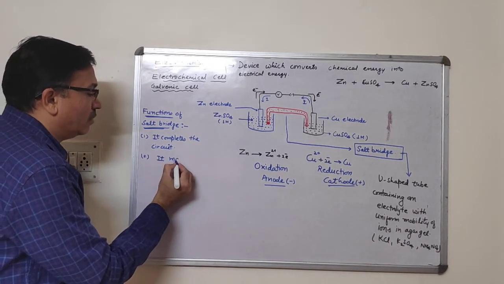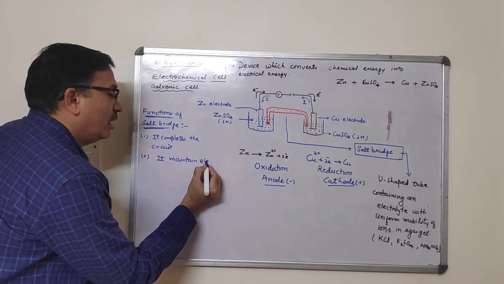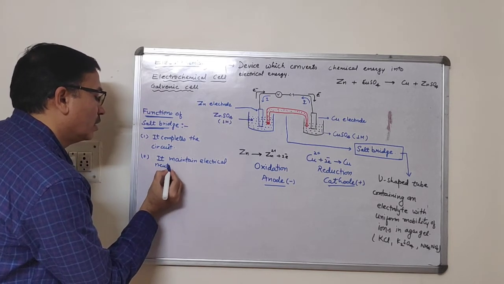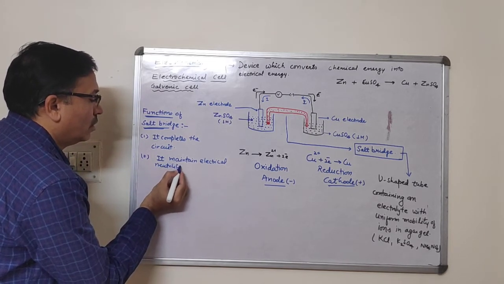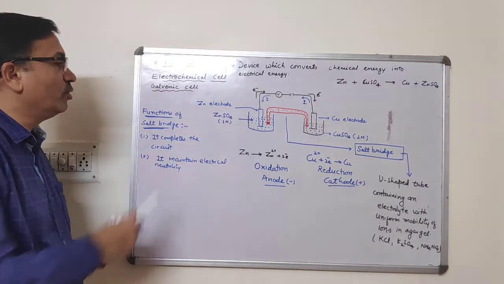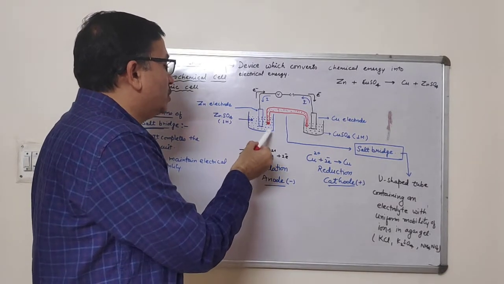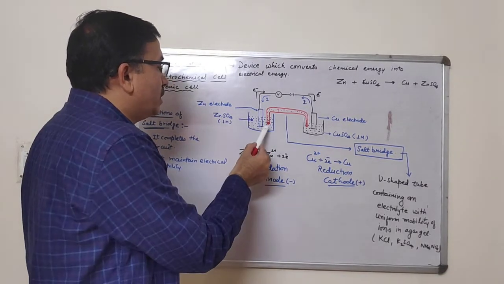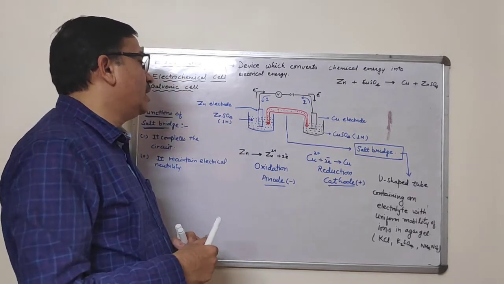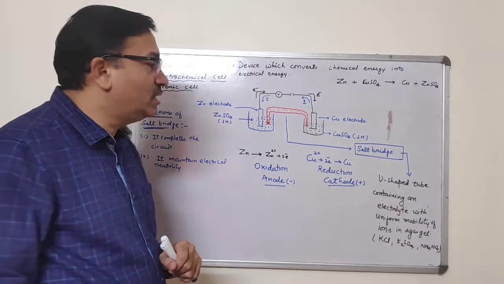Second function, it maintains electrical neutrality. This term you should understand. What is happening? Zinc is converting into Zn2+. Now what happens at the anode? There will be an increase in the number of Zn2+ ions, meaning the cation to anion ratio is imbalanced.